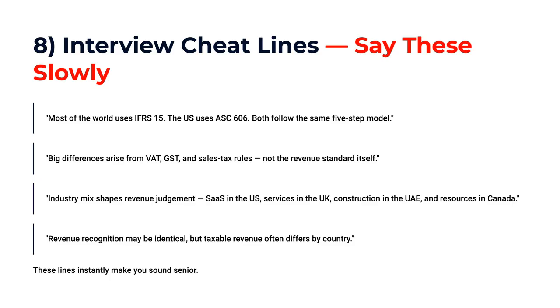Industry mix shapes revenue judgment. SaaS in the US, services in the UK, construction in the UAE, and resources in Canada. Revenue recognition may be identical, but taxable revenue often differs by country. These lines instantly make you sound senior.